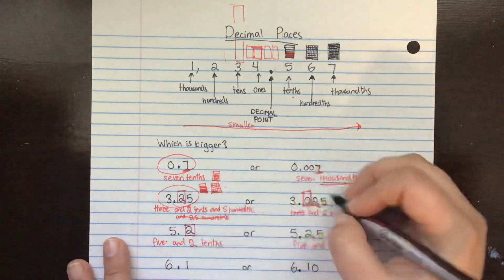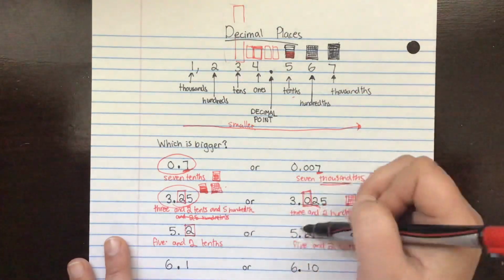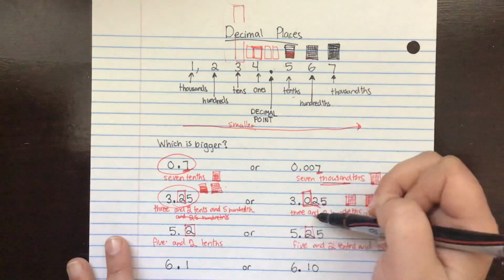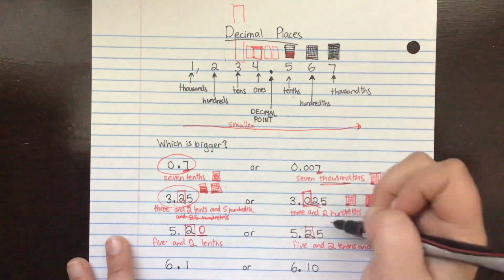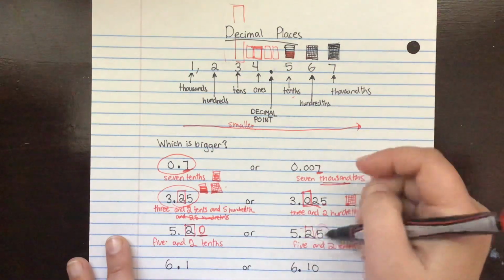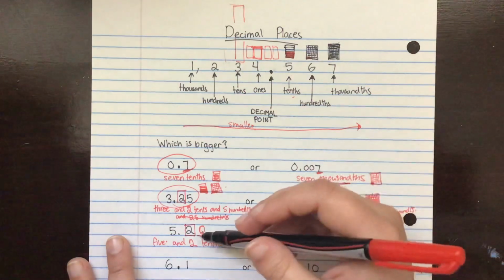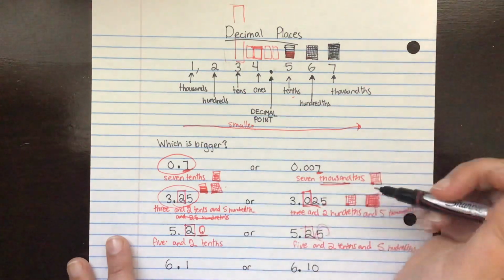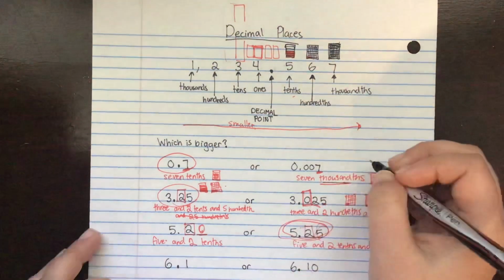I'm going to look at the 2 in both of these, and if you look, they're both the same in this case. So if they're both the same, I need to look at the next place. The next place says I have 0 hundredths, and this one says I have 5 hundredths. Which one's going to be greater, the one with no other things or the one with 5 other hundredths? Well, it's got to be this one, so I can circle that one.